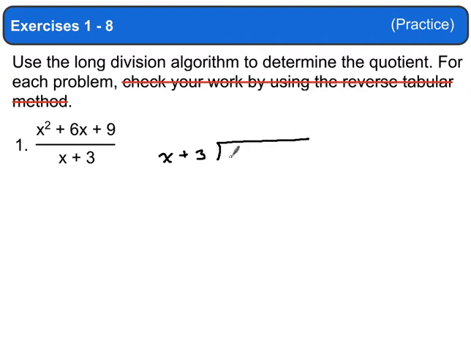And then we're going to do our checks. x squared plus 6x to the first, and then plus 9. Everything's there, so we don't need to add any family members, right? 2, 1, 0. So we're going to divide. Remember, in this dividing mechanism, we want to always divide with this first value.